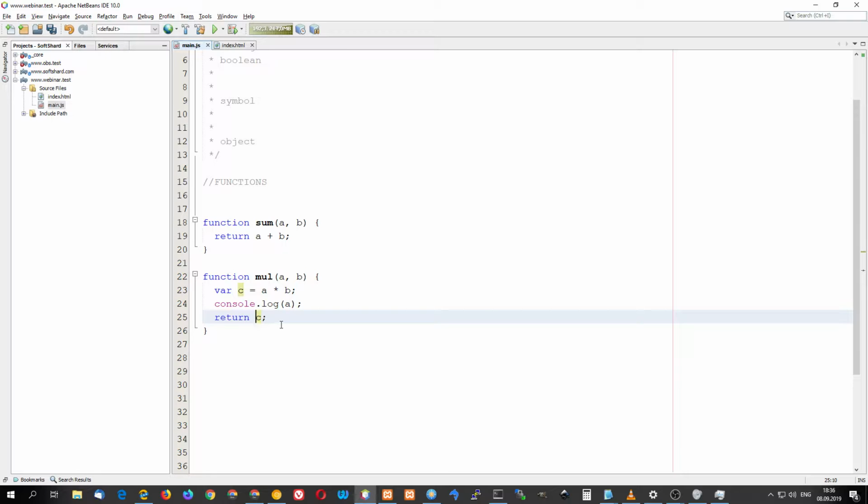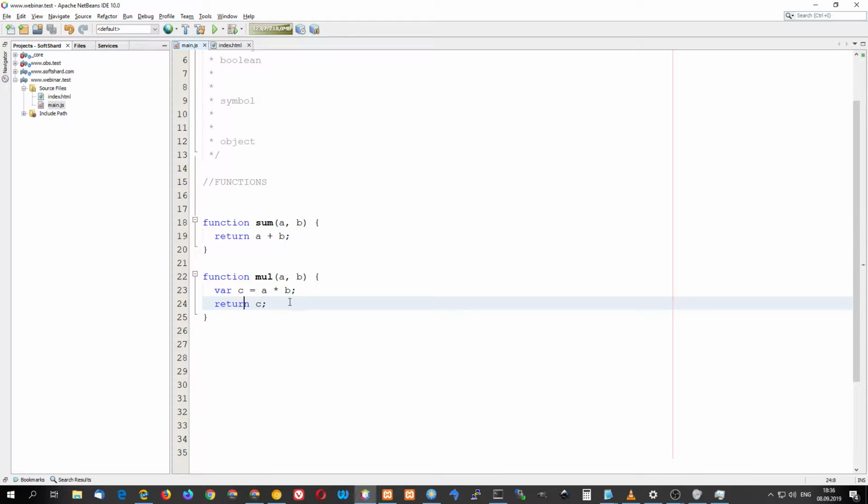So at this point, I accept two numbers, or any values actually, and I return the sum of those values. At this point, I declare a variable c, and in c I get the multiplication of those values and return the c. So this is actually sort of the same except for the operation.